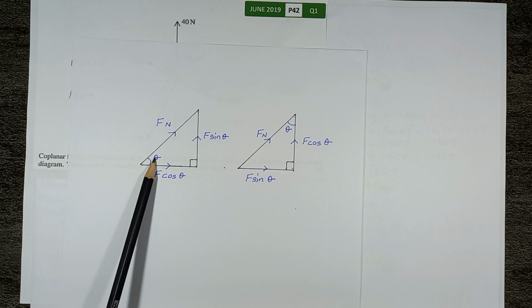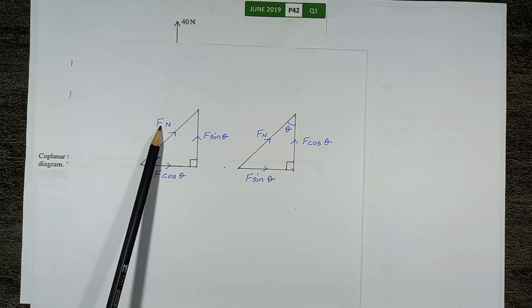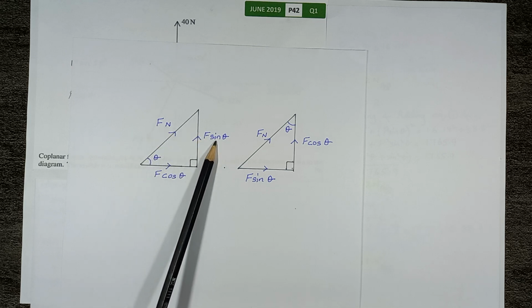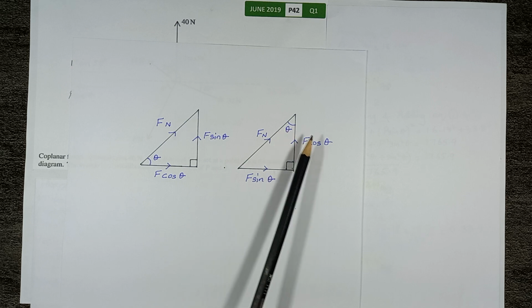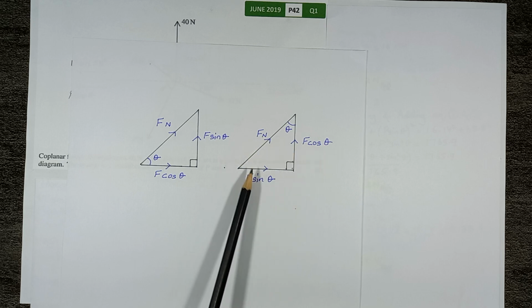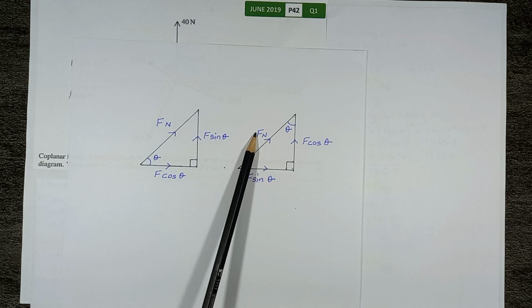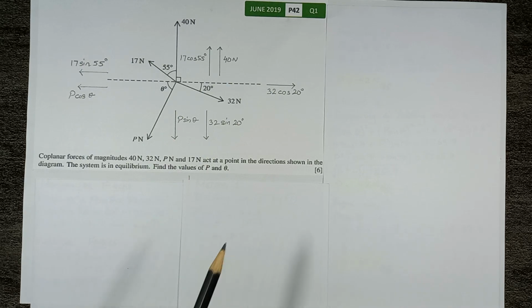Whatever the angle, whether it is theta, alpha, beta, the side next to that angle would be the cos component of this particular force, and the opposite side would be the sine component. So basically it depends upon the angle, and based on that we can easily find whether it is a cos component or sine component.